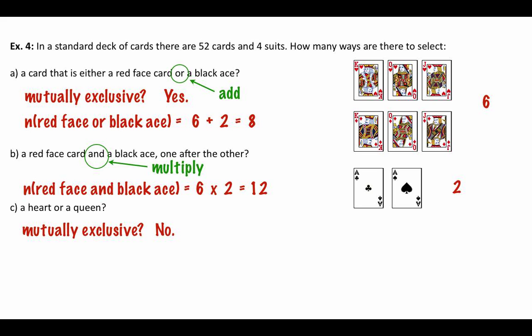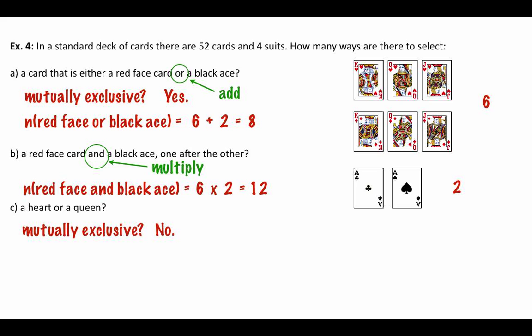There are hearts that are not queens, and there are queens that are not hearts. But because we do have that one queen of hearts, there is that overlap, like in a Venn diagram. You can simultaneously be a heart and a queen at the same time.